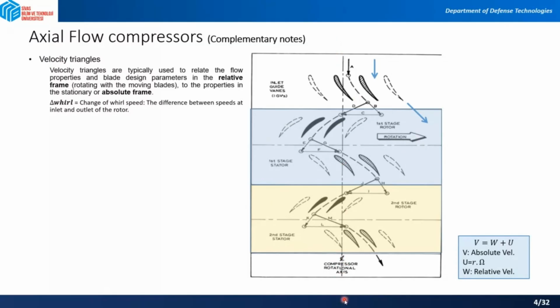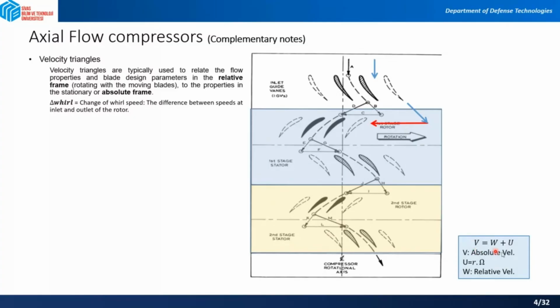So you may consider that you're seeing this from the top view of the compressor. These sets of blades are rotating, so the velocity that the air sees from this rotation is actually the opposite side. So this is the velocity that the rotor blades induce to the, let's say, fluid, to the gas.